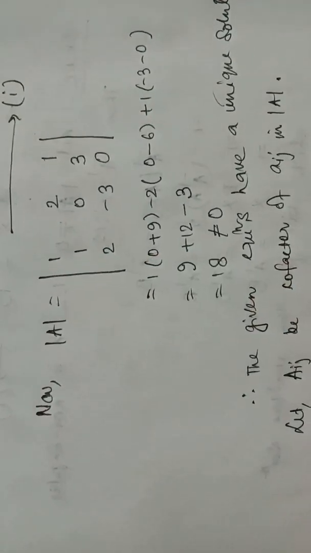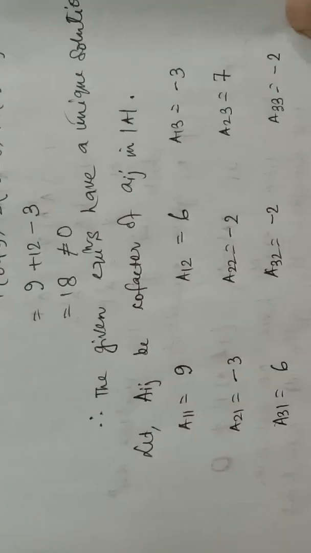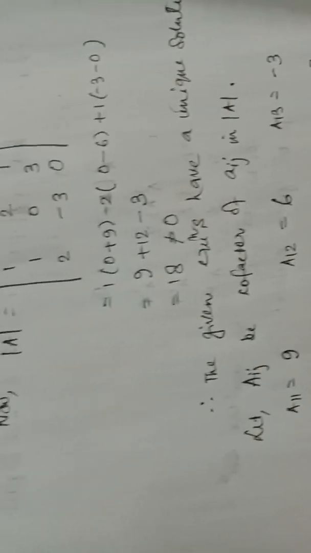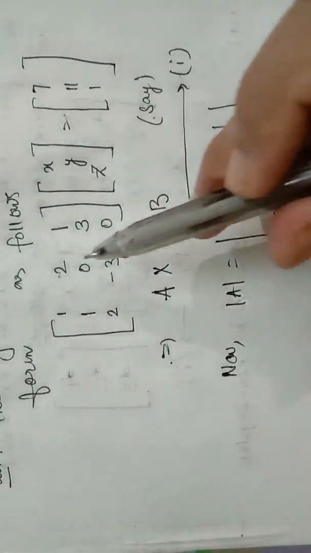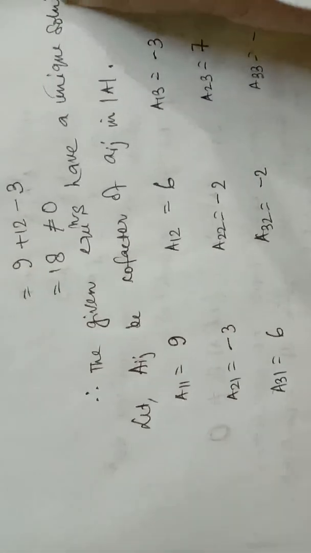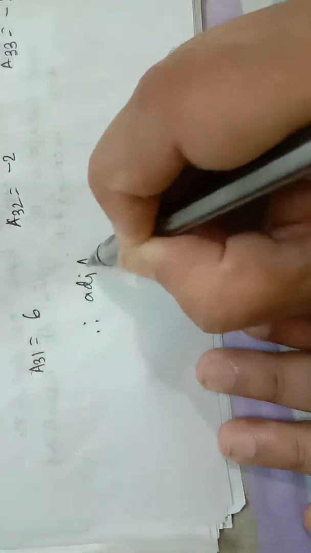You know how to find the cofactor of each element. We have done these things in many cases. So these are the cofactors of each element of this matrix A. Now the adjoint of A will be, for that we have to take the transpose.